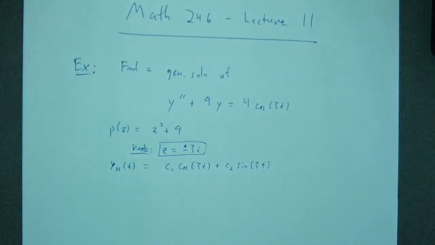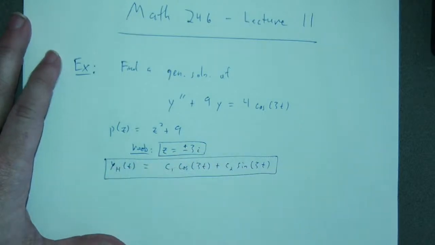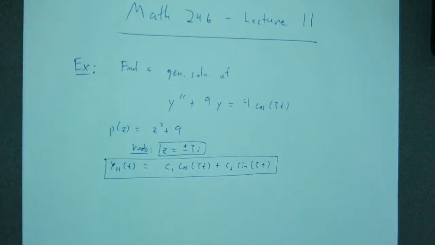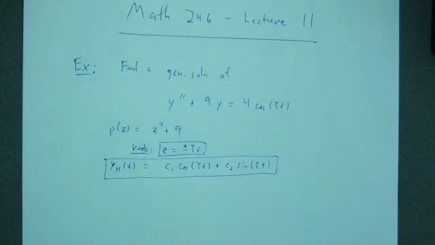Alright, so that's simple enough. That's my homogeneous part. Okay, so in order to have found the general solution to this, I need to find the particular solution to this.